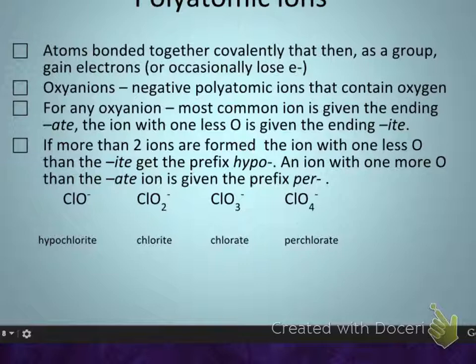So they have a 1- charge. You'll notice that you have chlorate, chlorite, and if you go a little bit further down the list, you have perchlorate. Now, I didn't give you hypochlorite. There are 4 of these puppies. And all they are is chlorine and oxygen, but it's different numbers of oxygen.